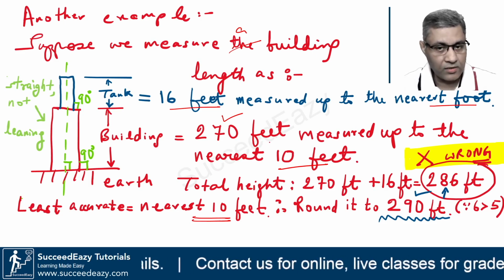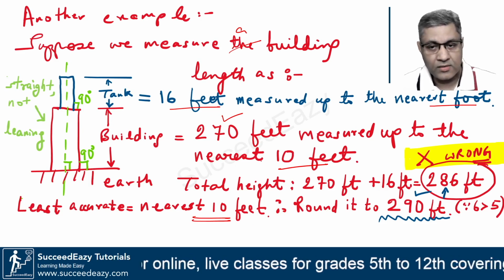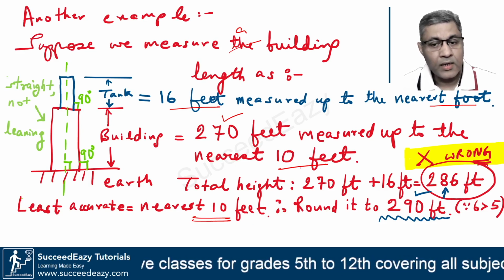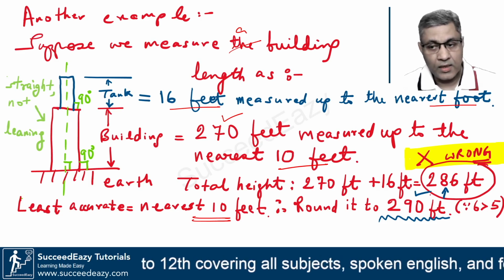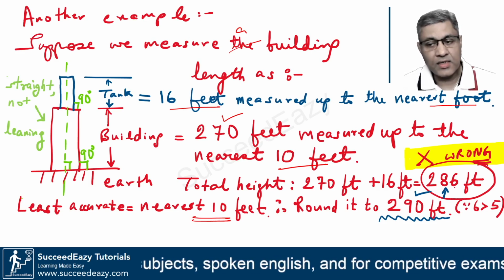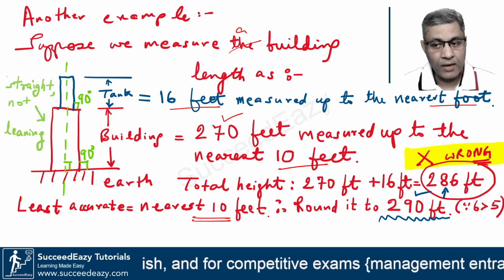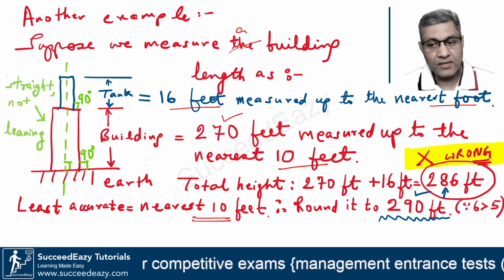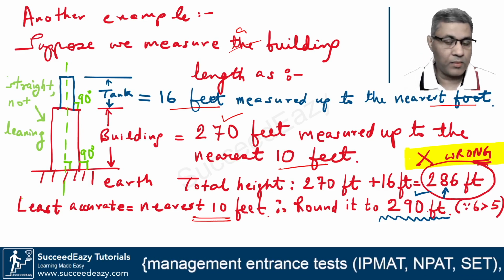If you do that kind of arithmetic operation, then you go with the least accuracy. Here the least accuracy is up to the nearest 10 feet, so we need to round it to the nearest 10 feet. And how do we round? We see that the units place 6 is greater than 5, and therefore we round it up. The nearest rounding of 286 to 10 feet would be 290 feet. I hope I'm clear to you.